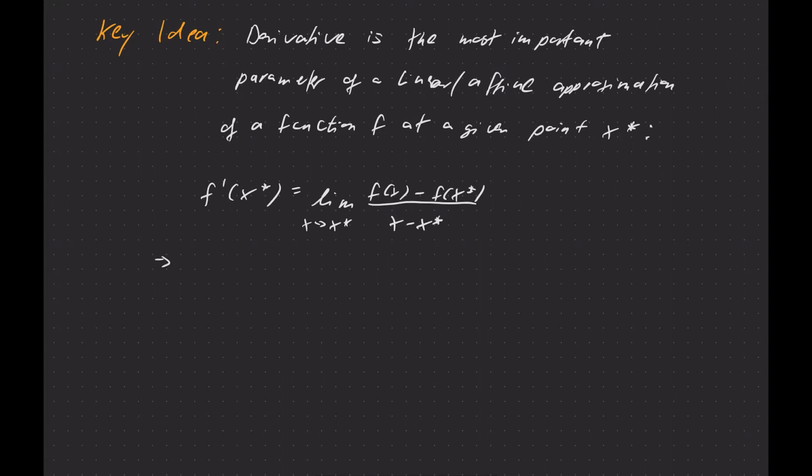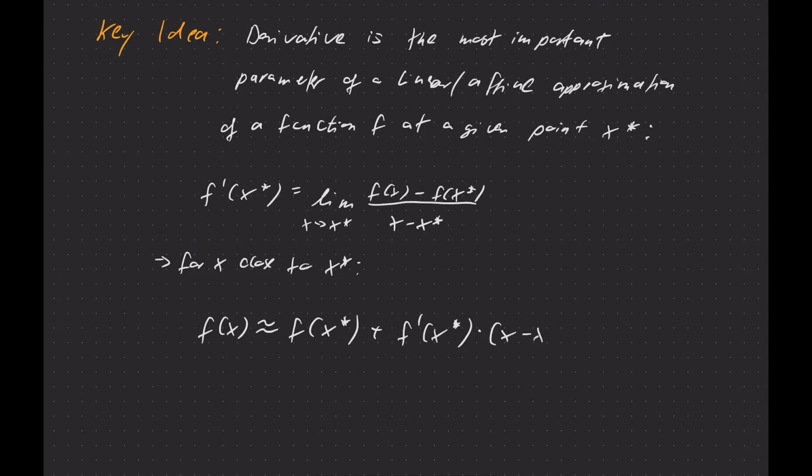So the approximation that we have is, if x is close to x star, basically we can express f of x as f of x star plus f prime at x star times x minus x star.